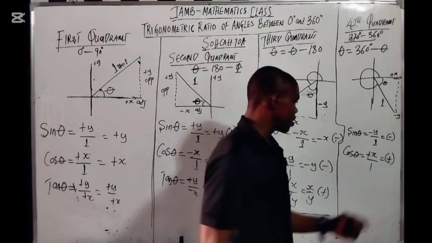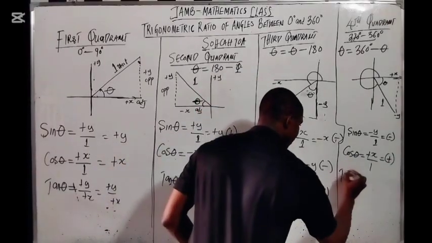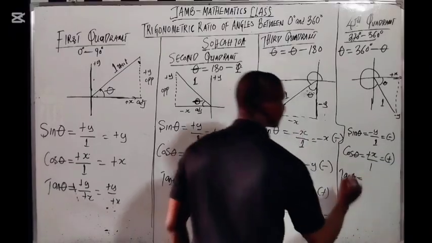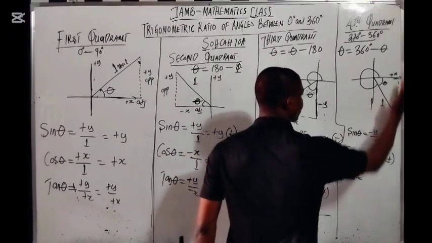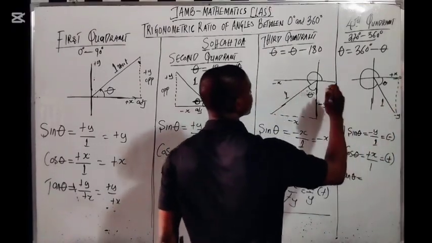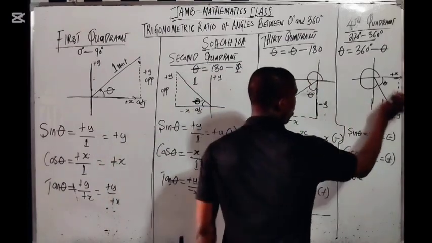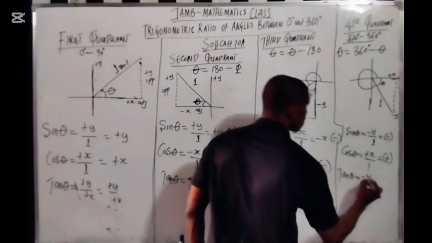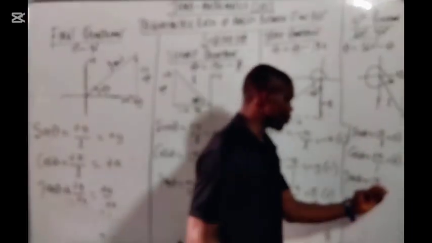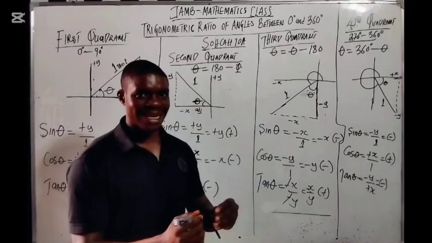Then tan theta is opposite over adjacent. My opposite was minus y over my adjacent, which was plus x, which is going to be negative.